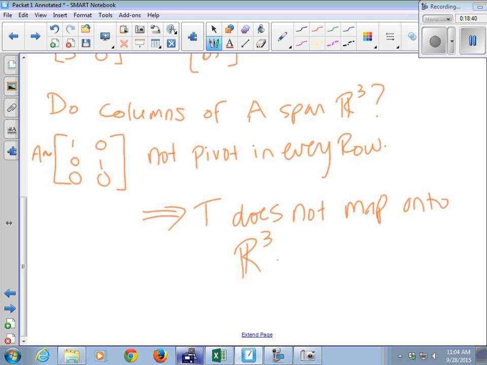There is a vector B1, B2, B3 that you cannot create by multiplying A times a 2-dimensional vector. Okay. Good question. What about the one-to-one?